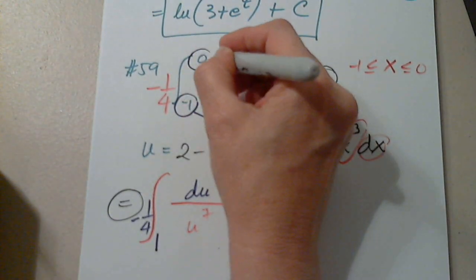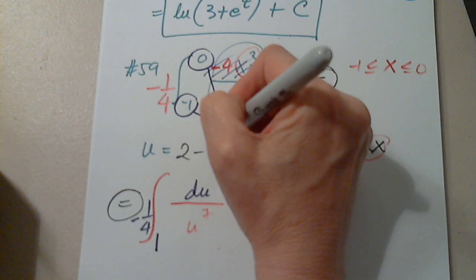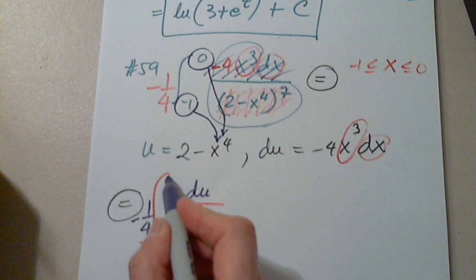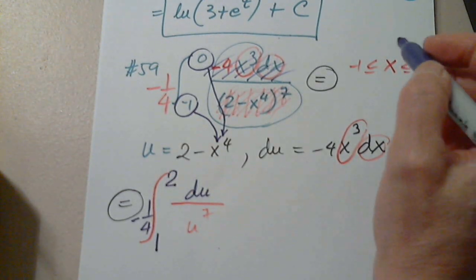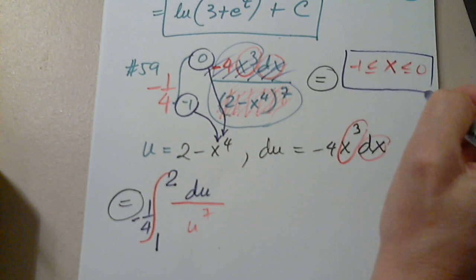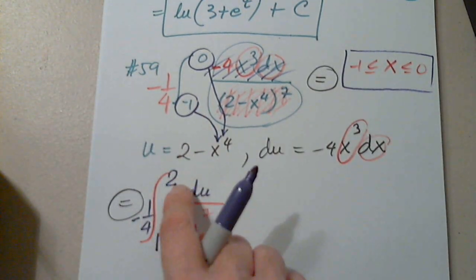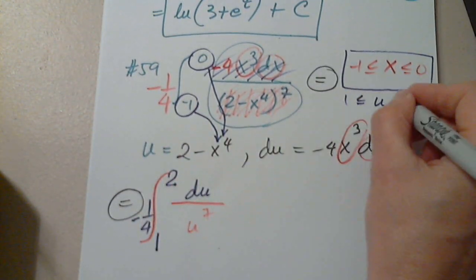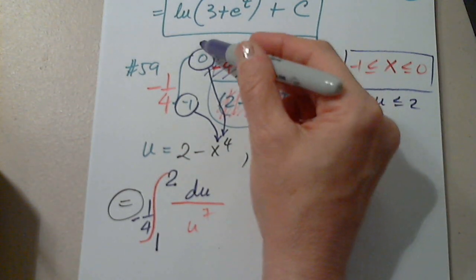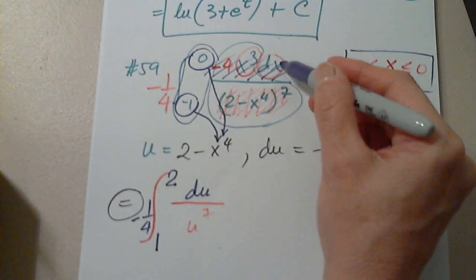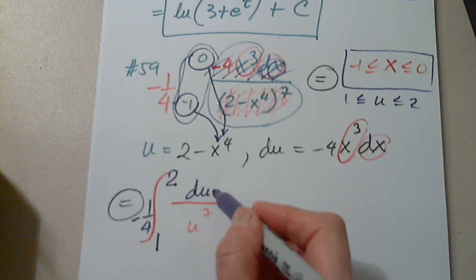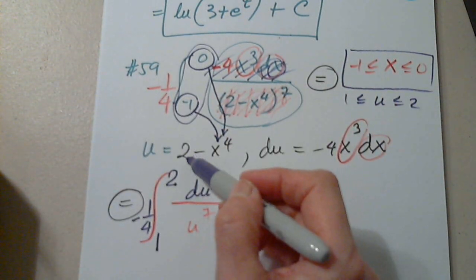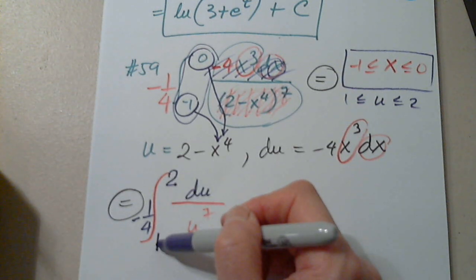Now we take the upper limit, plug it in, and please give me the upper limit for u. 2. Exactly. Please understand that when x is between negative 1 and 0, u is between 1 and 2. You cannot copy the limits of integration that are valid for x to an integral in u. You have to determine the new limits of integration.